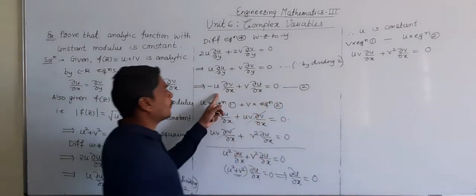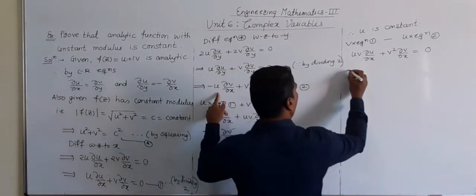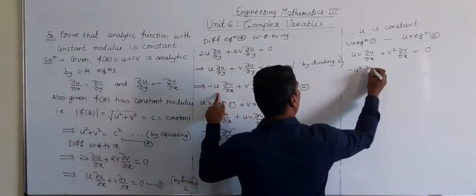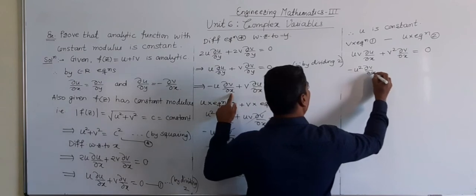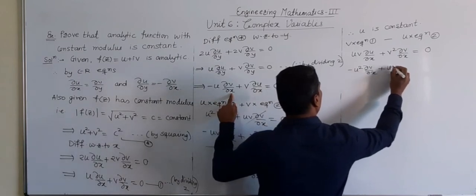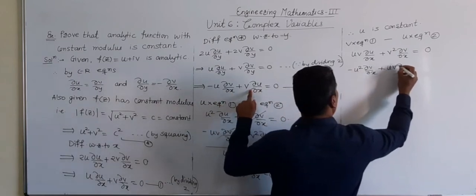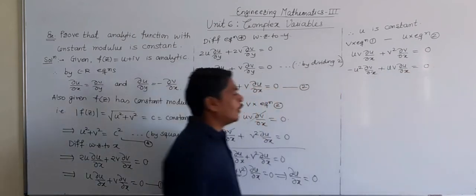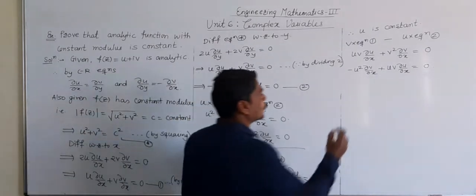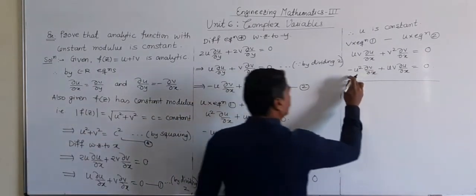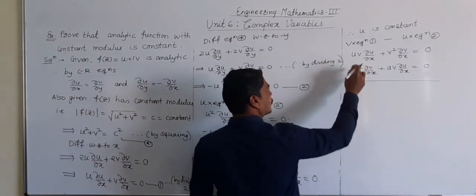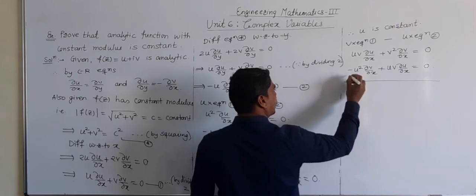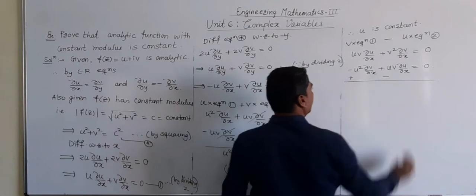So multiplying this equation by u, we get minus u square into partial derivative of v with respect to x plus u into v into partial derivative of u with respect to x is equal to 0. And now take subtraction of these two equations. So subtract this equation from the above equation. So the sign will get changed, so instead of minus we get plus, and this plus becomes minus.